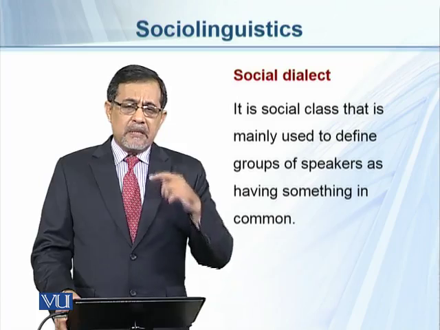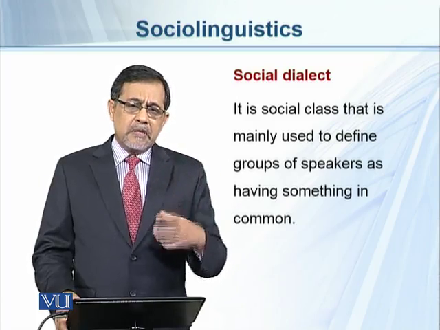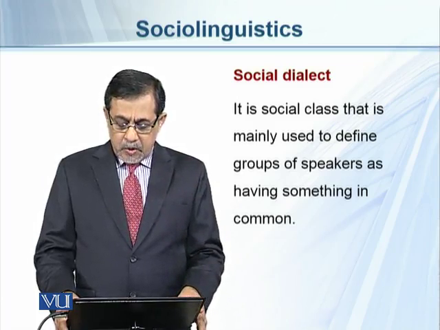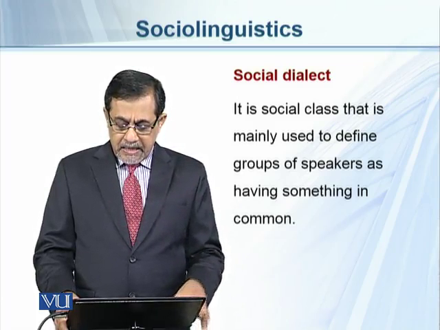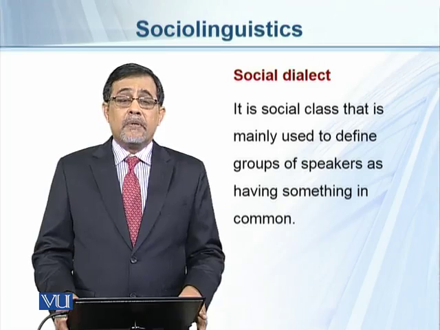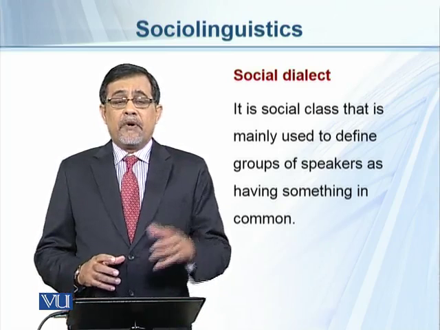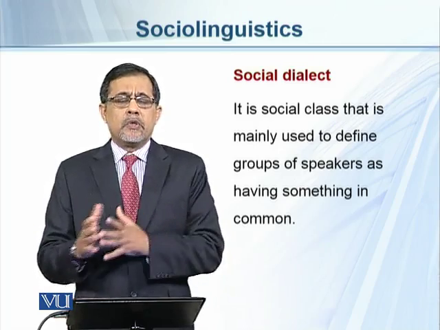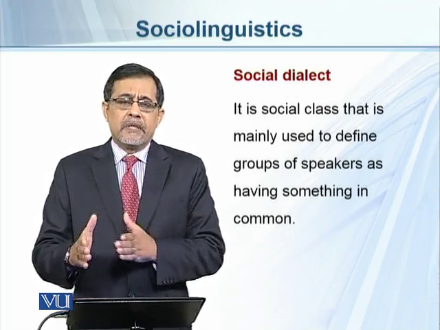So these all three things form a dialect. It is social class that is mainly used to define groups of speakers as having something in common. So with the help of these dialects, we can differentiate different social groups of the society.